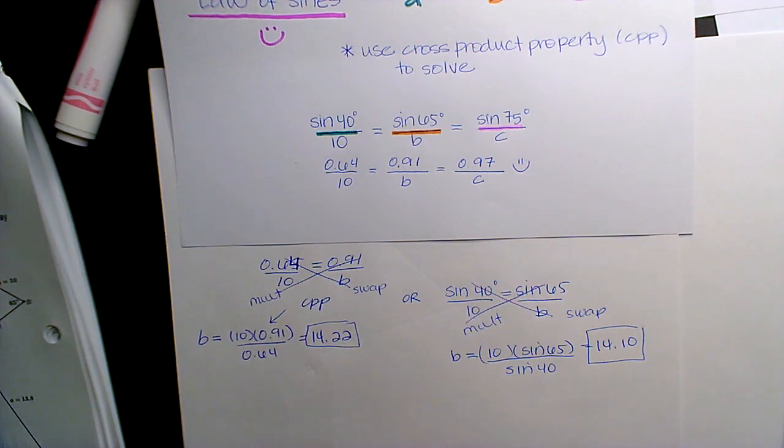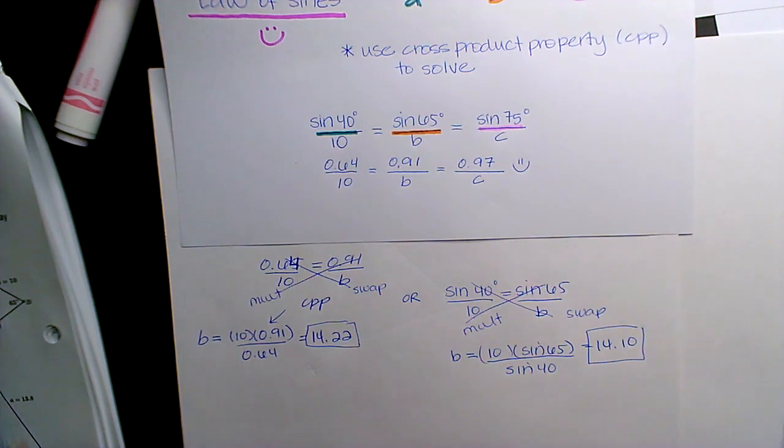Would you rather change everything to a decimal and keep using the calculator, or are you okay with just feeding everything in because you know how to close parentheses and hit the times? Then let me solve for C, but let me hold that for a second. That's it. It is literally your super basic proportion, cross product property, except there's trig inside of the proportion.